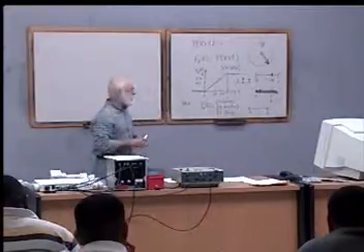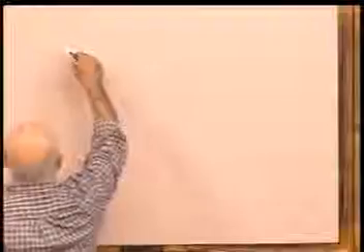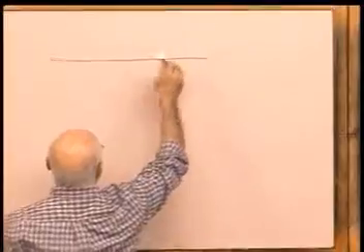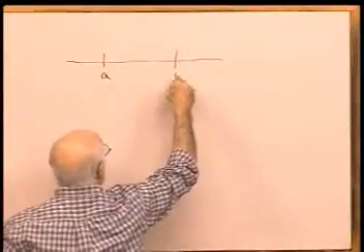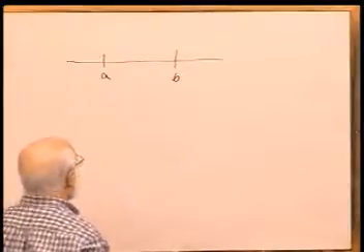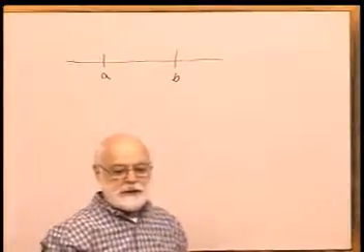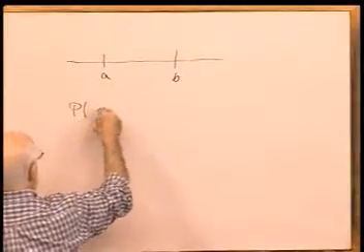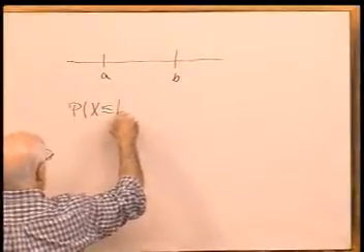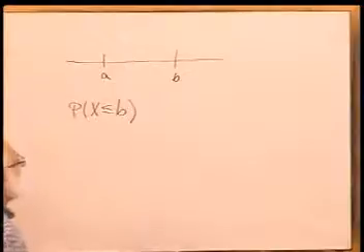Okay, so the question I want to ask is, look at this. Here we have this random variable, and here's a value A, and here's a value B. First of all, the probability that X is less than or equal to B. What's that probability?